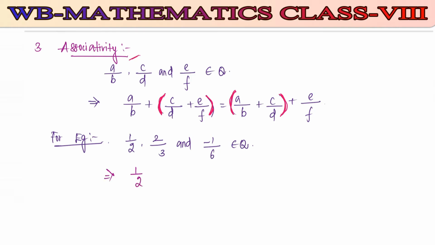On the left-hand side, the first number 1 by 2 plus the sum of the second and third numbers, 2 by 3 plus minus 1 divided by 6. On the right-hand side, we add the first two terms in a bracket, 1 by 2 plus 2 by 3, plus minus 1 by 6.